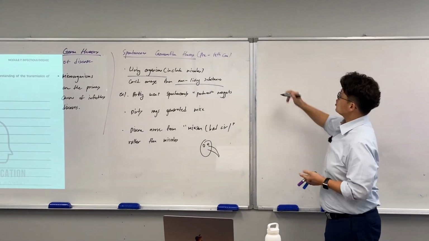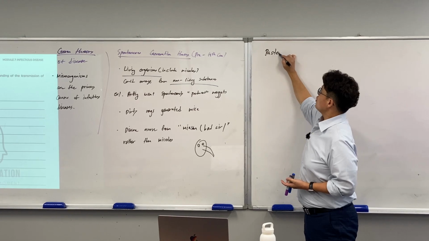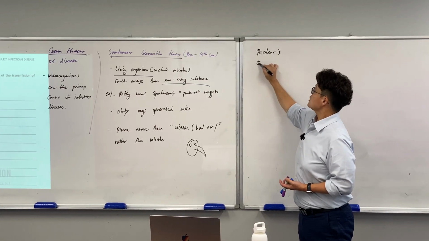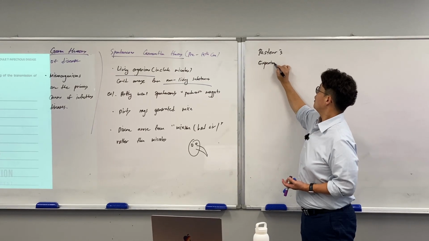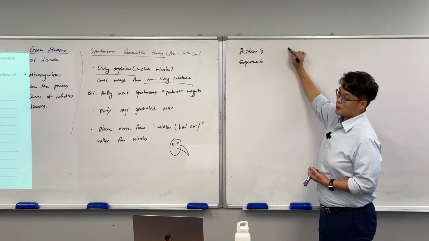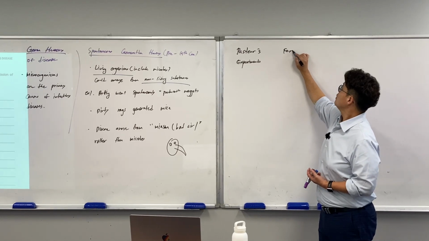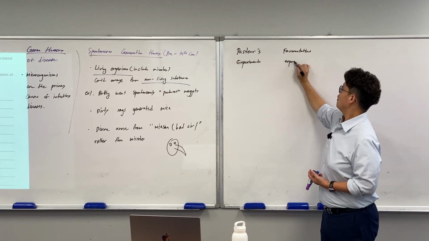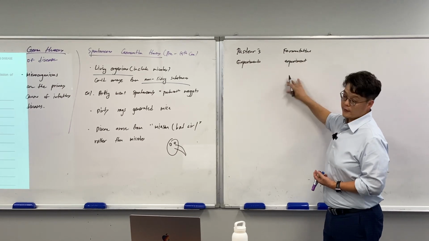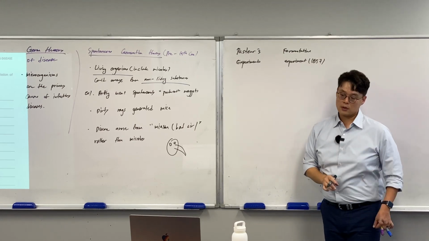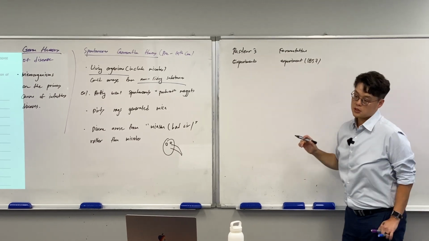Let's start with Pasteur's experiments. He did quite a lot of experiments. Experiment 1 was a fermentation experiment, and that was held in around 1857, so mid 1800s.